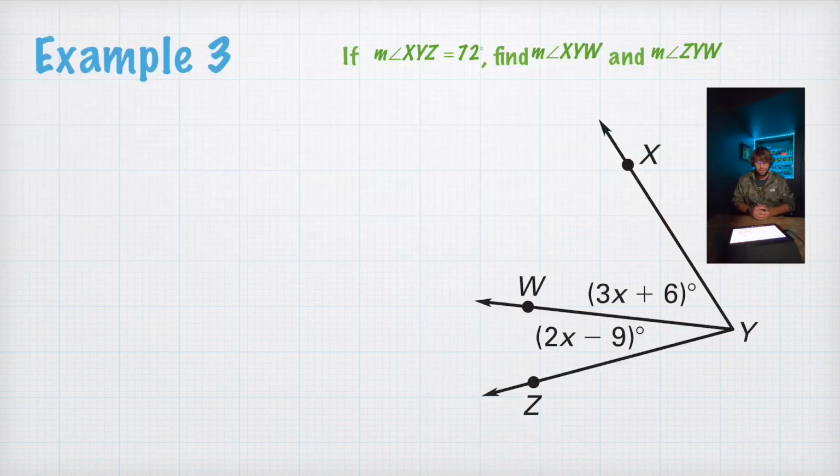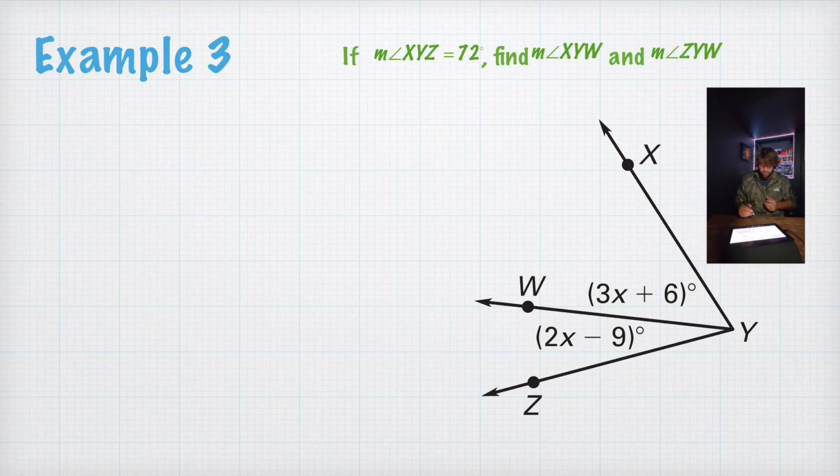Example 3. If the measure of angle XYZ is 72, XYZ totally equals 72, find the measure of angle XYW and the measure of WYZ. So to start this, we need to look at the fact that we don't know any of the variables. None of them are given to us. So we need to solve for the variable x.